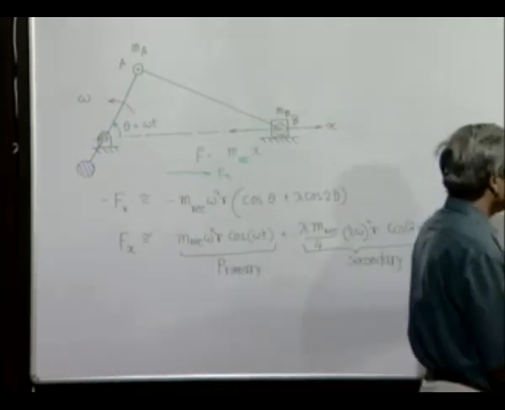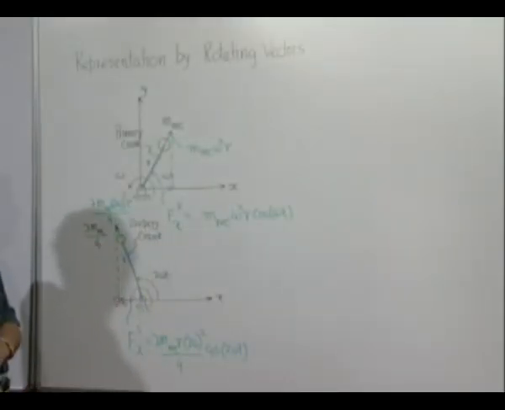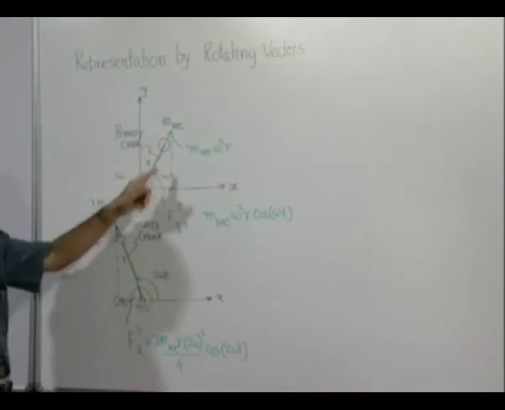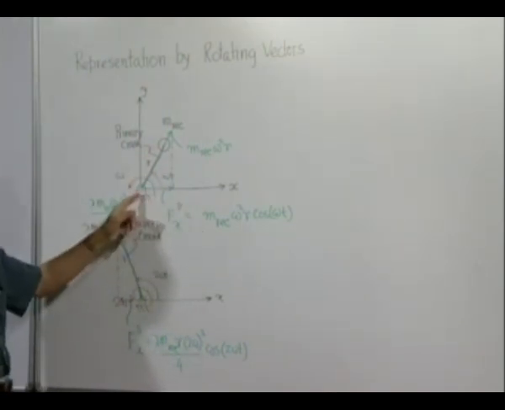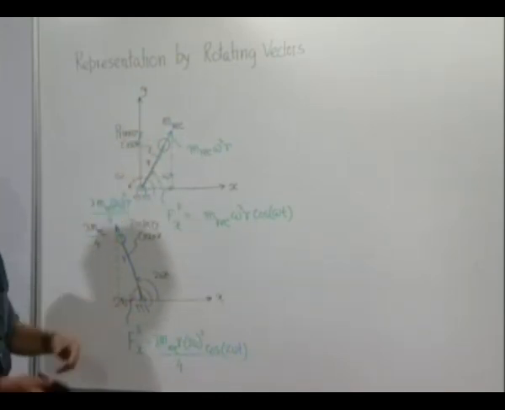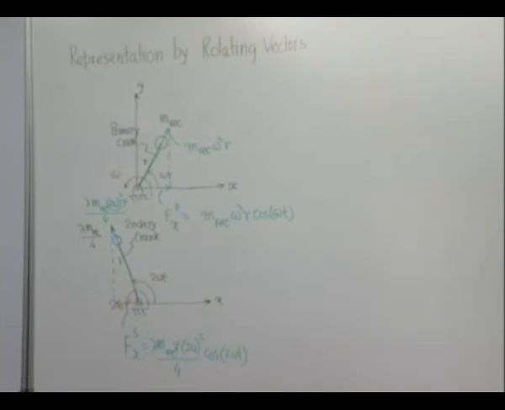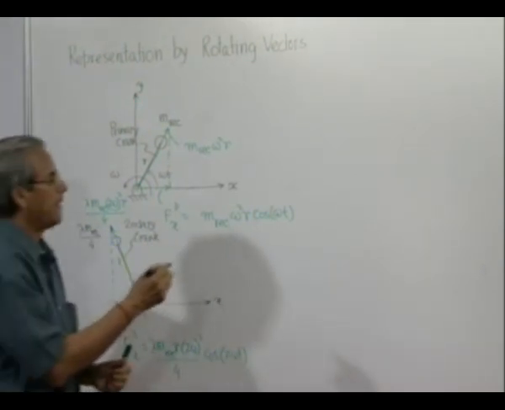Now, for balancing these forces, if this force is being produced as a component of the force produced by this rotating mass, then what happens if we put a counterweight to this?